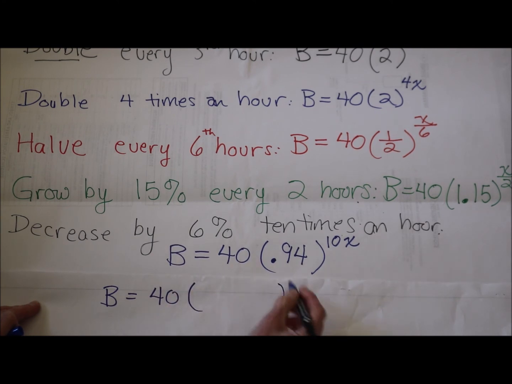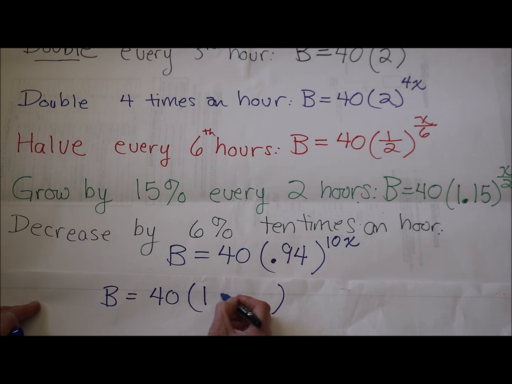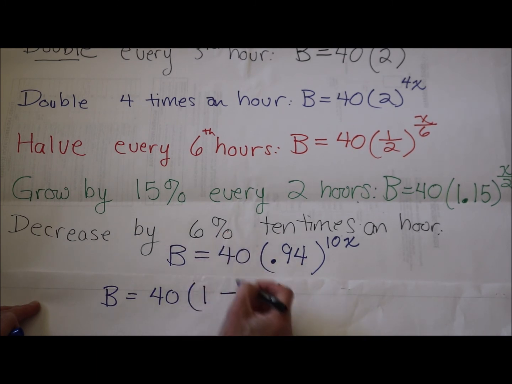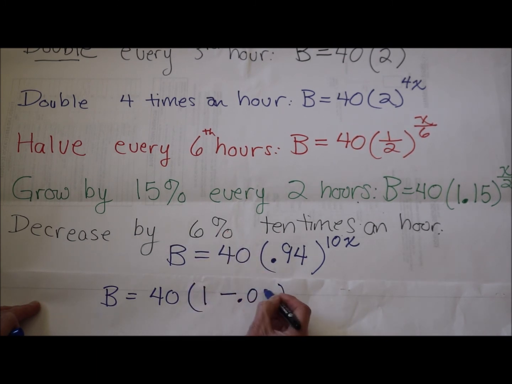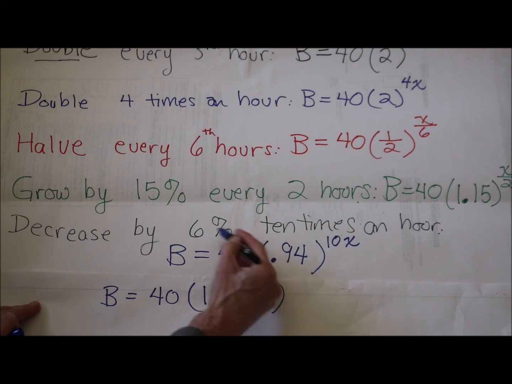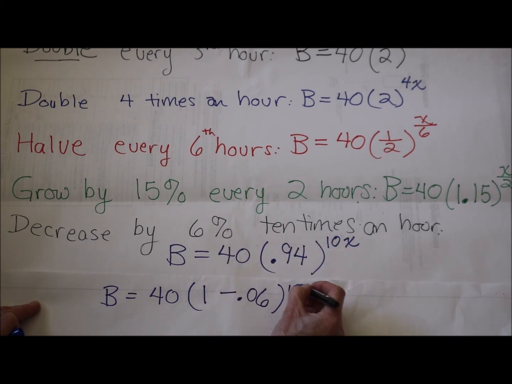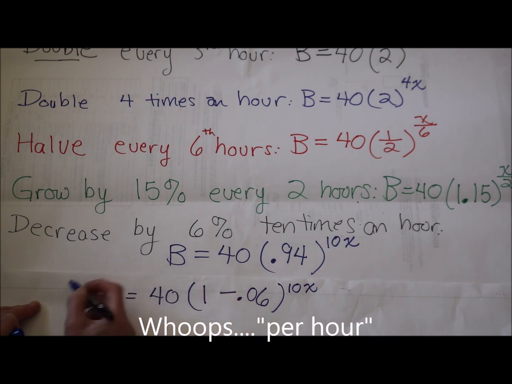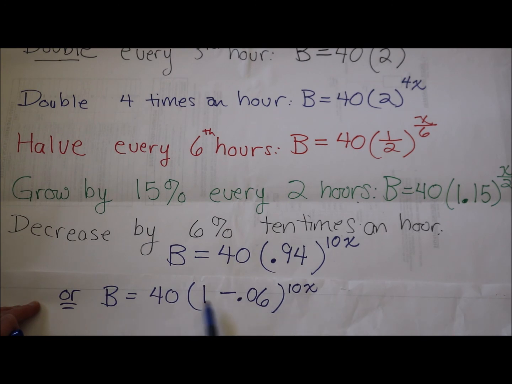Remember, with the percent decay, you can think of you're starting with 100% or 1, and you're subtracting your 6%, which in decimal land is 0.06, and you're doing that 10 times per hour. So instead of writing it like this, you could have written it like this. That would be fine. You can even leave it like that if you want. But of course, if you do 1 minus 0.06, you're going to get 0.94.